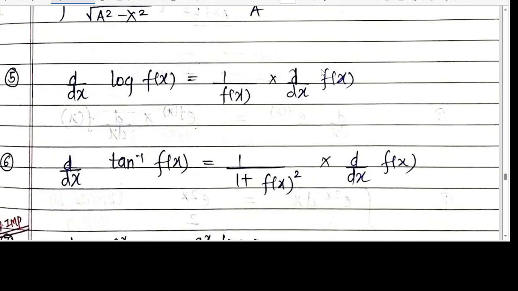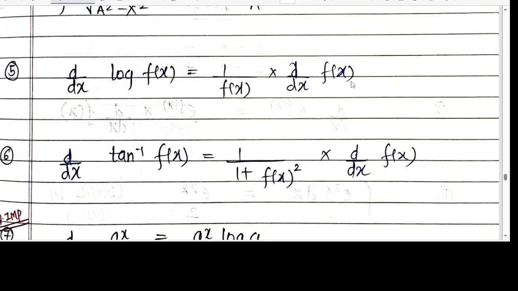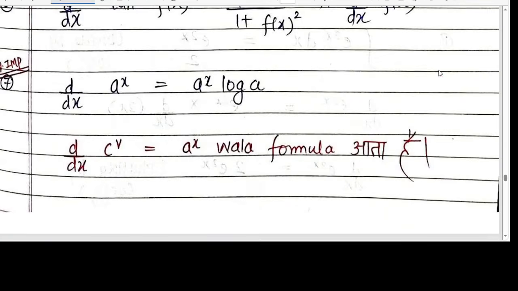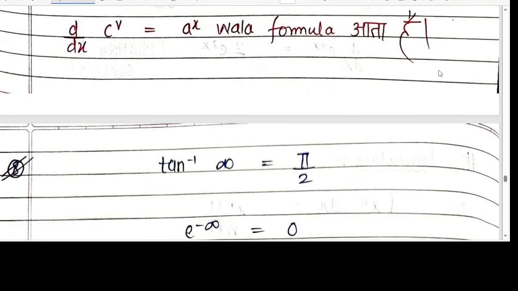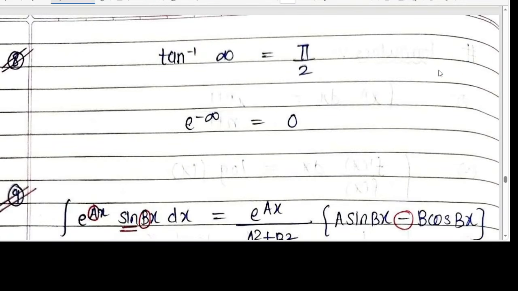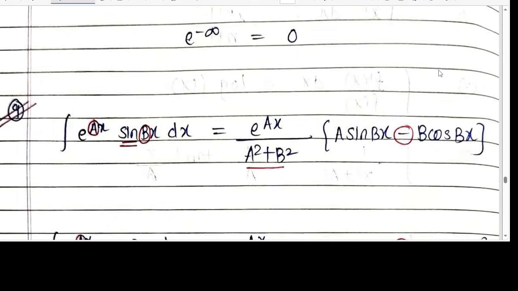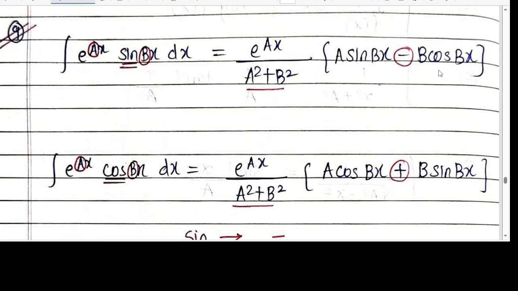Derivative of log of f of x is 1 upon f of x into f dash of x. Tan inverse of infinity, you can always remember, is pi by 2, and e raised to minus infinity is 0. These are the two formulae which are highly useful.